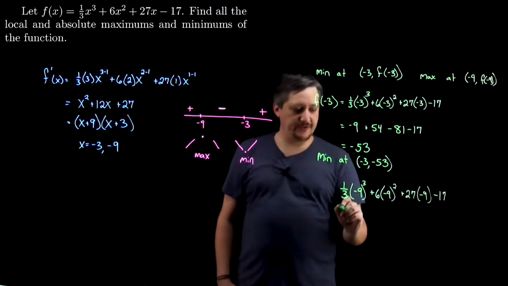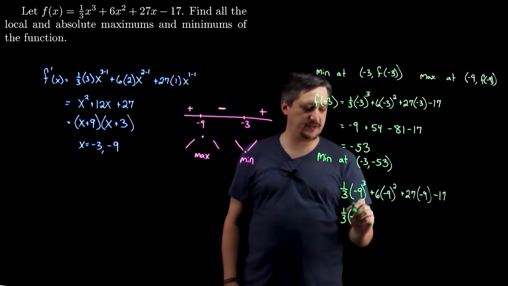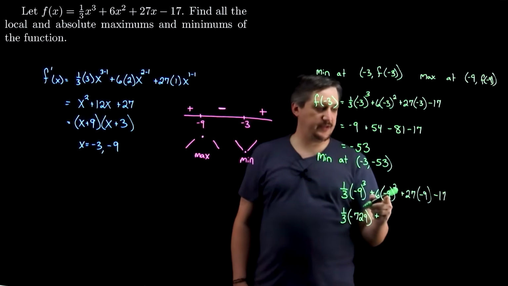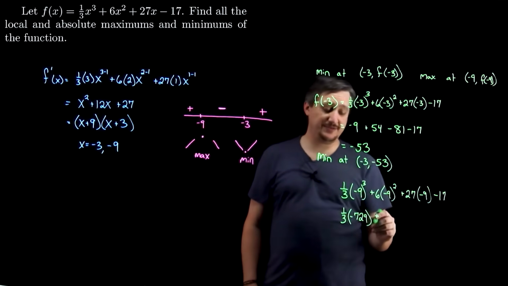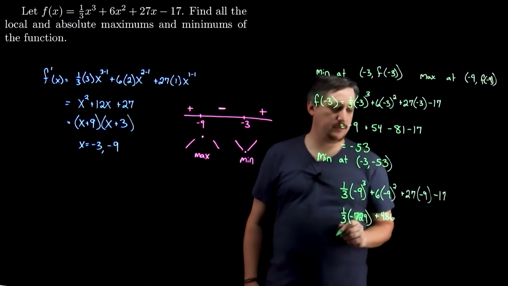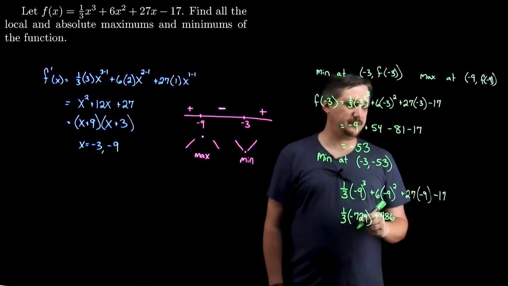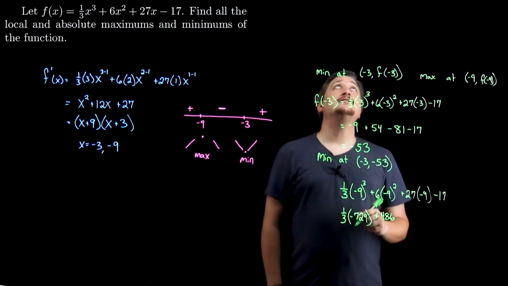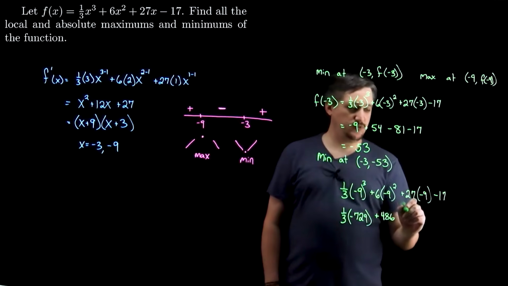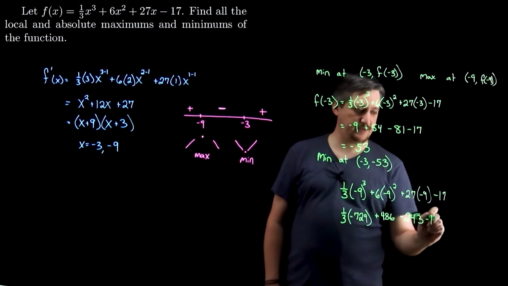Oh boy, so this is 1/3 times negative, so that's 81 times 9 is 729, plus that's going to be 81 times 6, so that's 486. And 27 times negative 9, that's going to be 9 squared times 3, so that's going to be 243. So minus 243 minus 17.